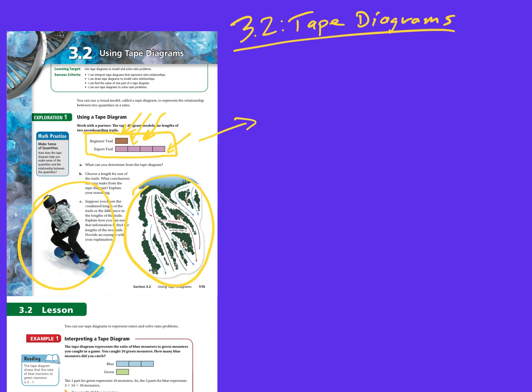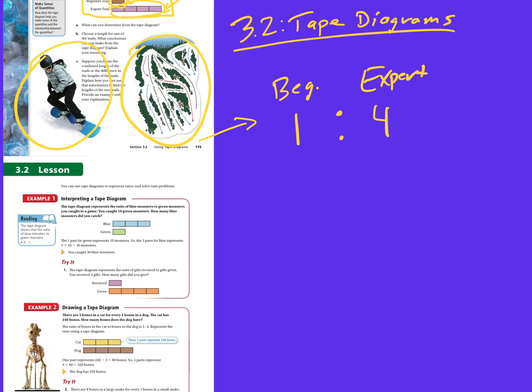So the beginner trail compared to the expert has a ratio of 1 to 4, right? For every 1 box for the beginner, you get 4 boxes for the expert. This will allow us to work with different numbers later on.